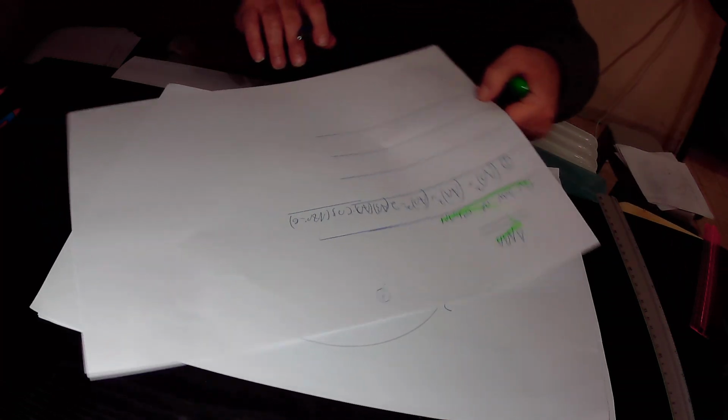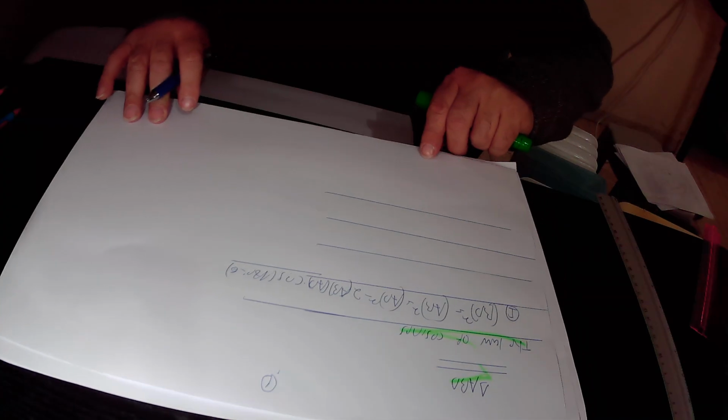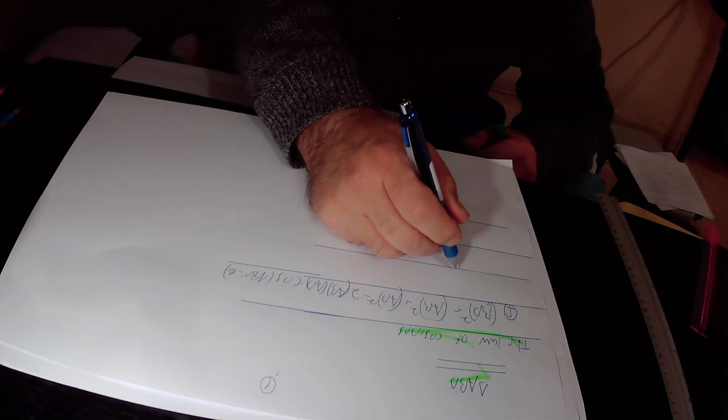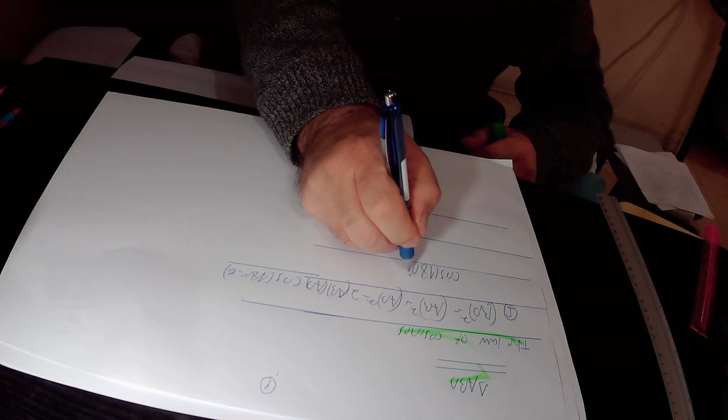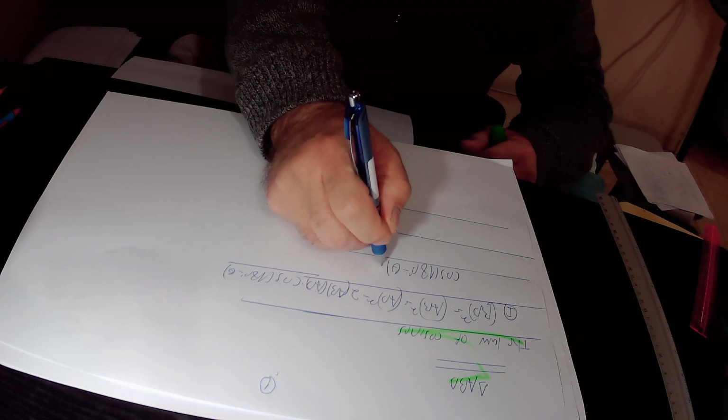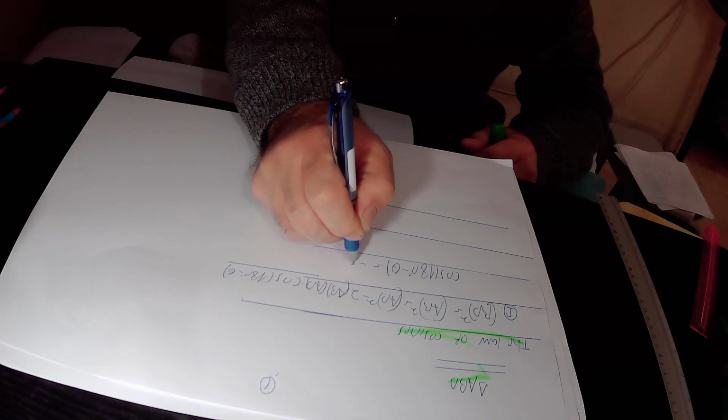We have the trigonometric identity that says that cosine 180 degrees minus theta equals minus cosine theta.